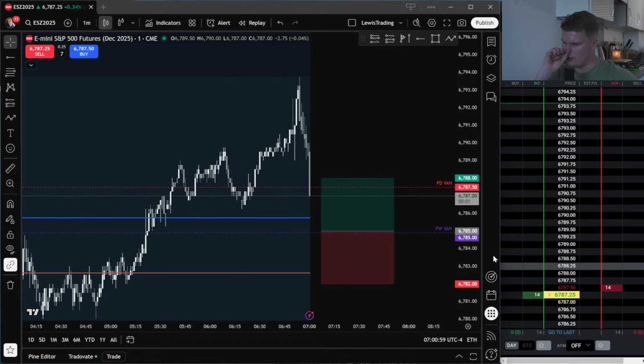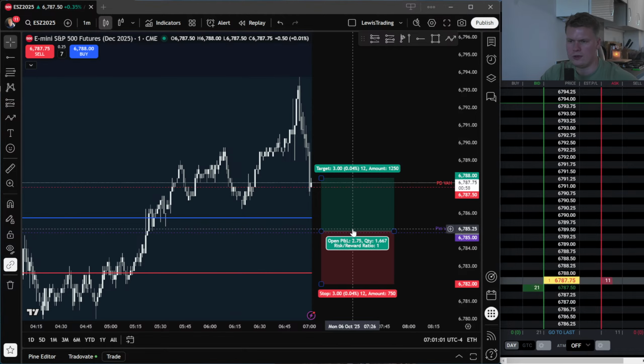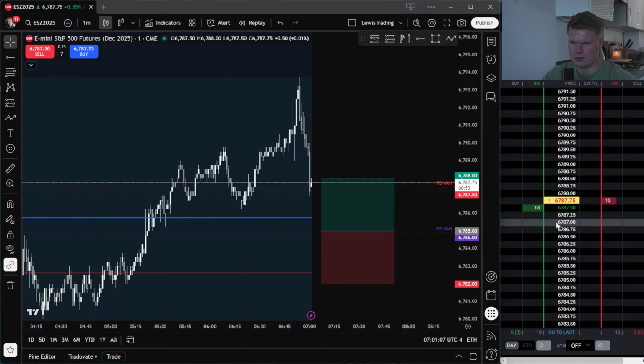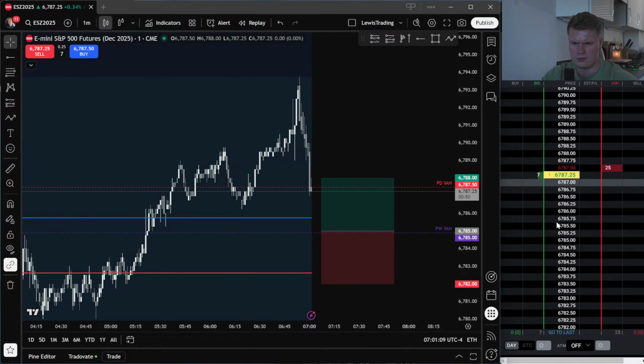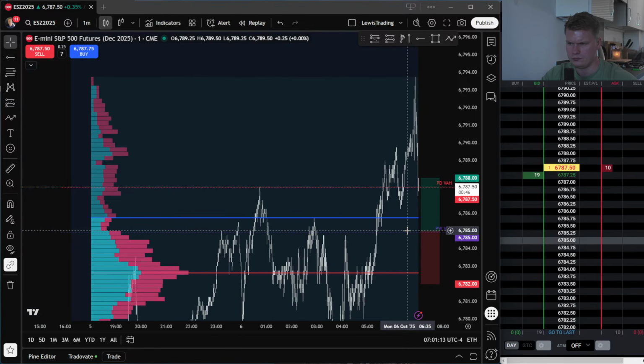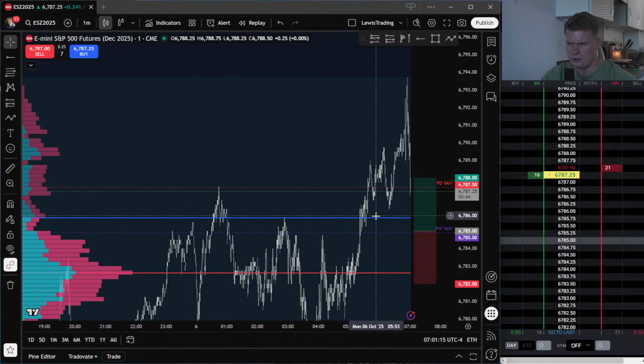Got a nice push down now. See what happens. The only problem is value area high has come up a little bit, which is a bit of a shame. But I think I'm still going to take that trade. So yeah, we could take it off of here.